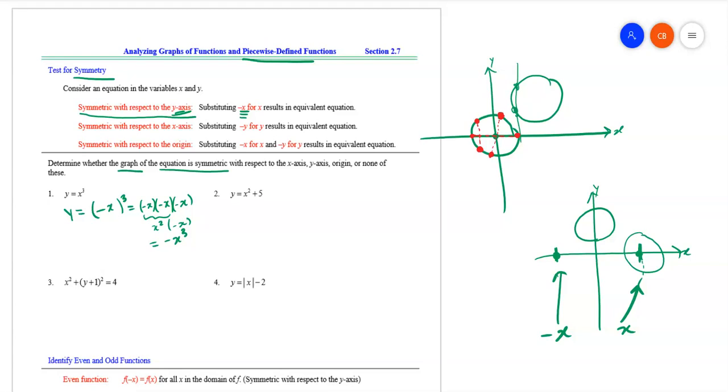First, let's check the one for x-axis. To tell if it's symmetric with respect to the x-axis, you plug in negative y, because if something is symmetric with respect to the x-axis, like this circle over here that we said was symmetric with respect to the x-axis, you can check that for just a given x value, it has the positive y value, and then it also has the negative of the same y value.